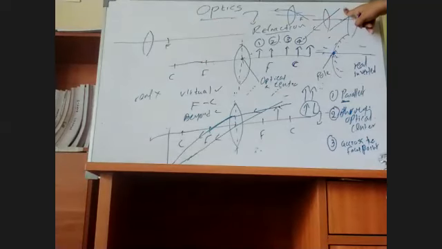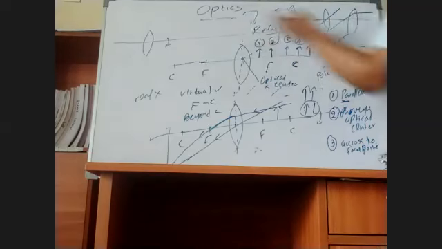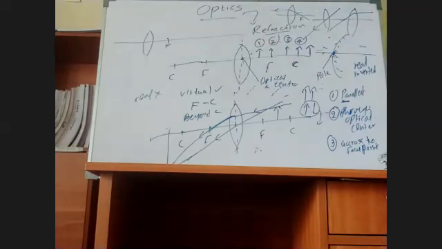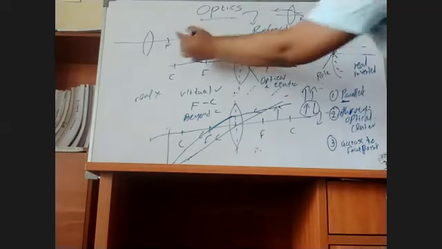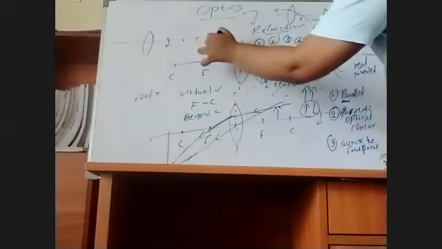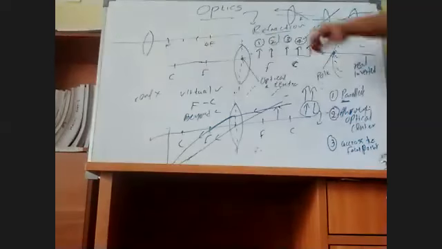What will happen? The object is at infinity. Why am I saying that? Because the object distance is greater than 4 times the focal length. Because 1, 2, 3, 4. 4 times the focal length will lie at a place like this.